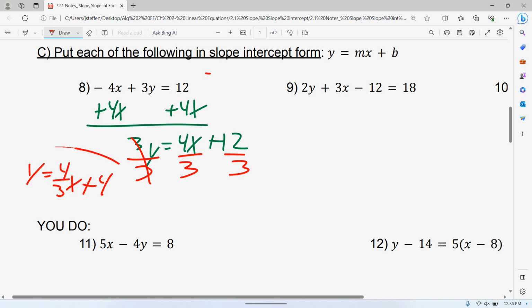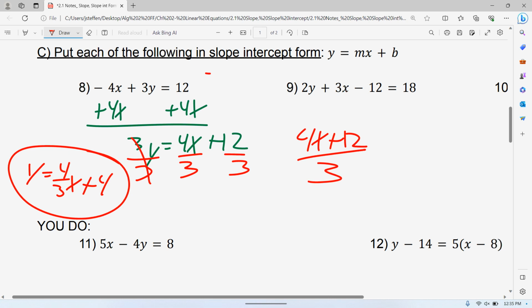This is why when we were doing this, people were thinking one fraction. And what your y-intercept and your slope are.